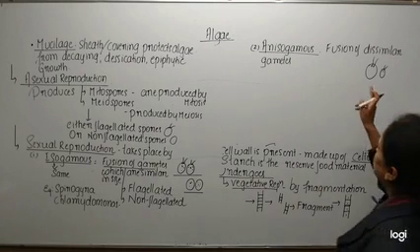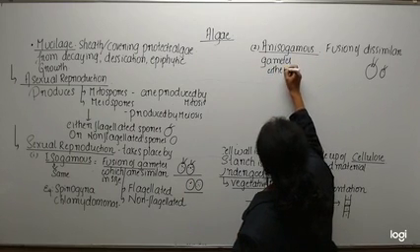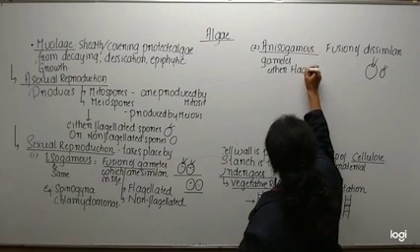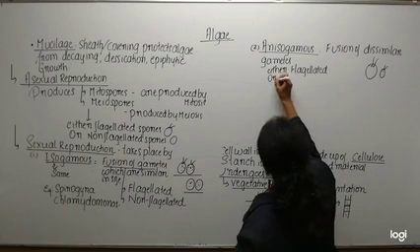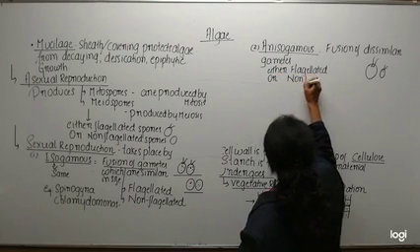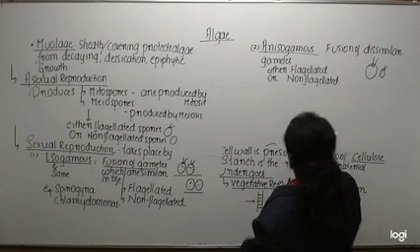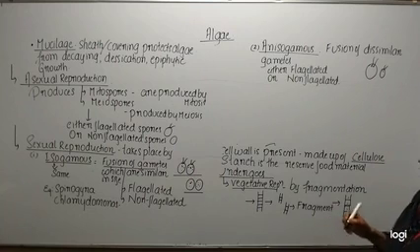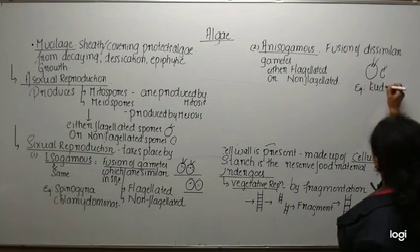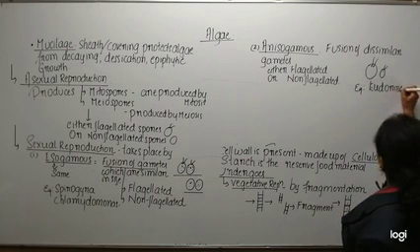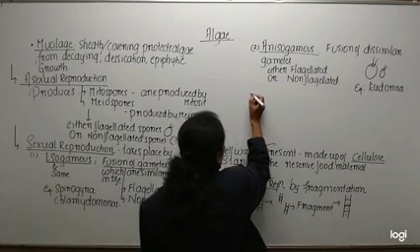Under this, once again, they are either flagellated or non-flagellated. And an example for this is Eudorina species.